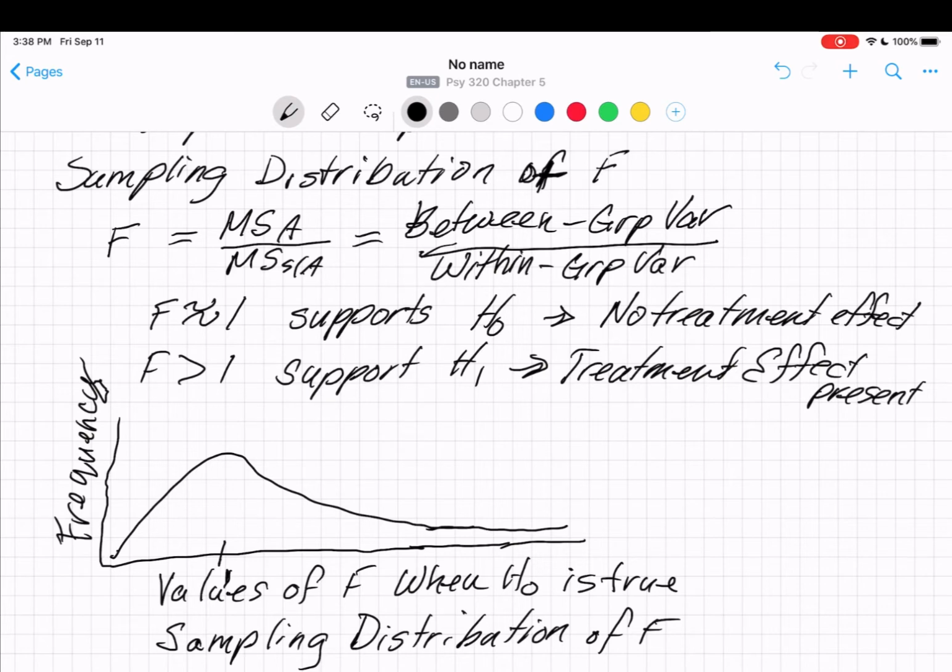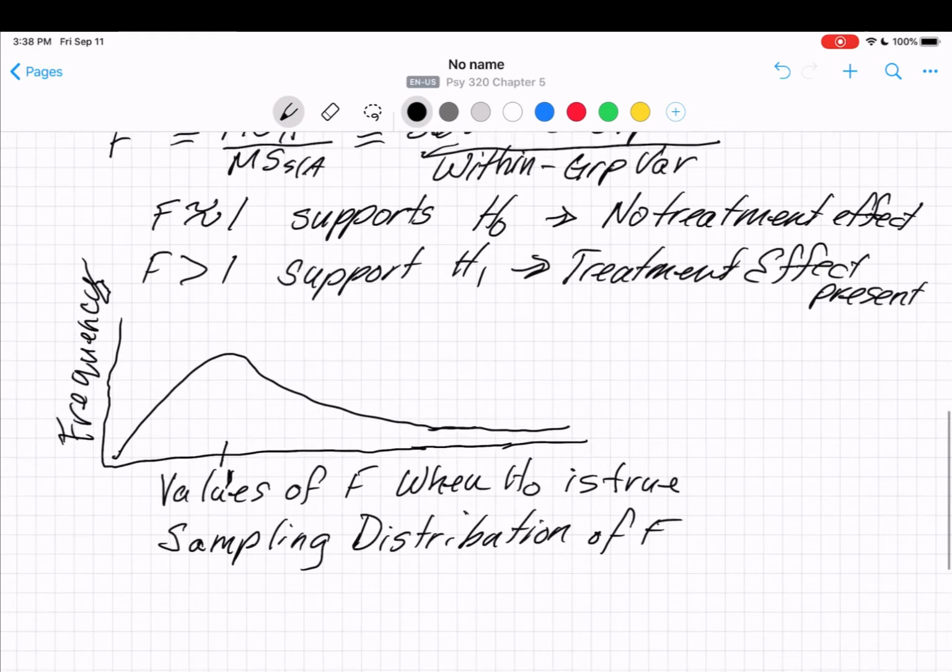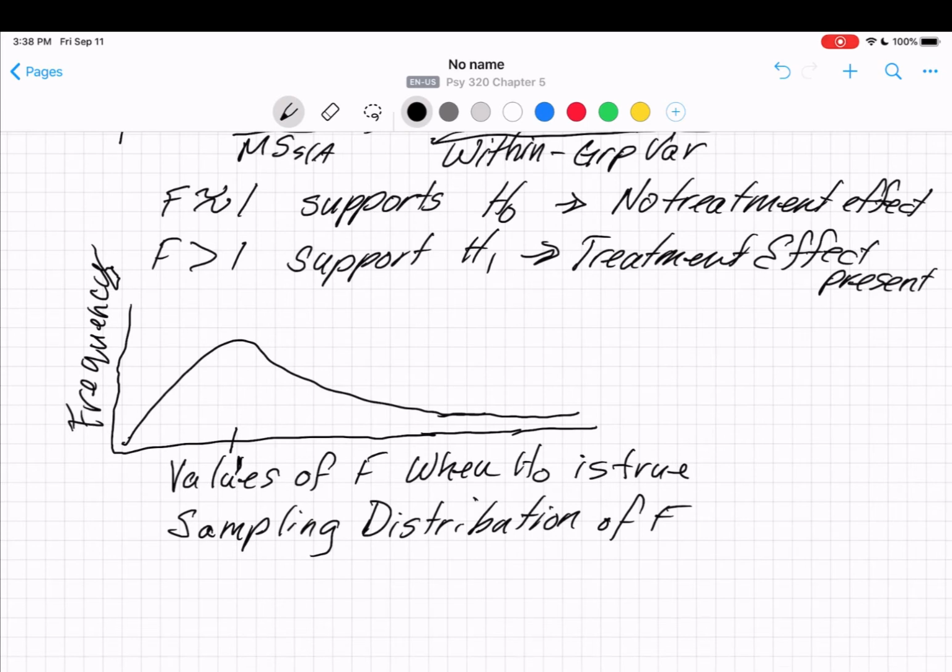And so we look at this sampling distribution of F and determine what level of risk we want to have. And usually in social sciences, we choose a level of risk at approximately 5%, sometimes 1%.